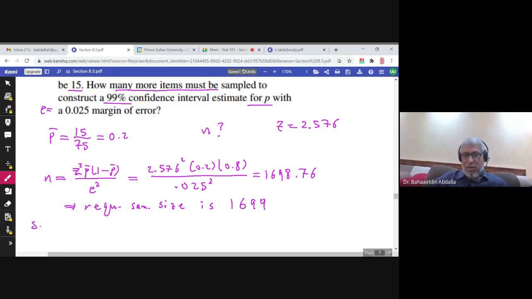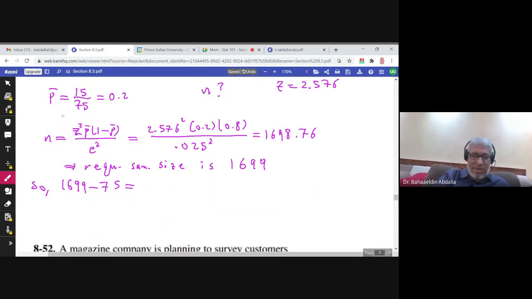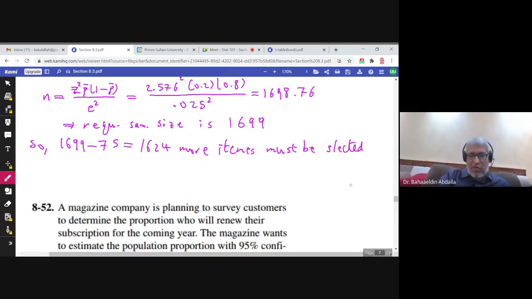So 1699, which is the required sample size, minus the 75 items we chose in the pilot sample, and this will give you 1624 more items must be selected. That would be the answer of this question.